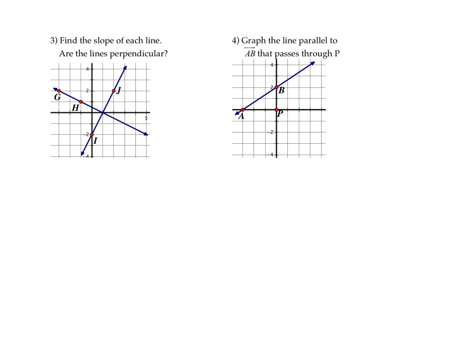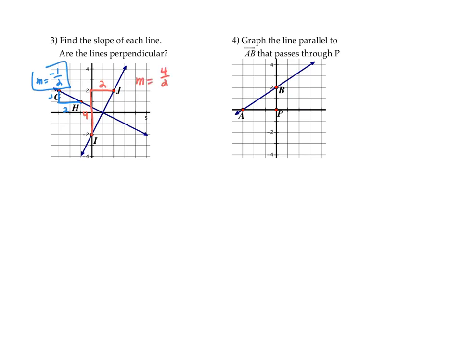Quick check on number 3. We want to find the slope of each line and then determine if the lines are perpendicular. For line GH, its slope would be negative 1 over 2. And then for the slope of line IJ, looks like we could go 1, 2, 3, 4 over 2.